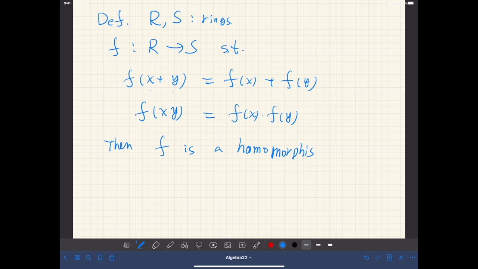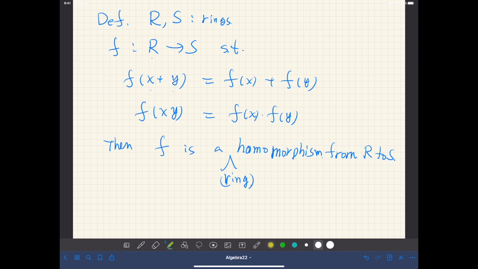Homomorphism from R to S, or we can also say ring homomorphism. Okay. So be careful.